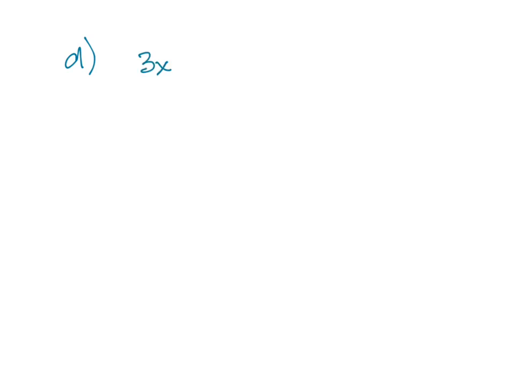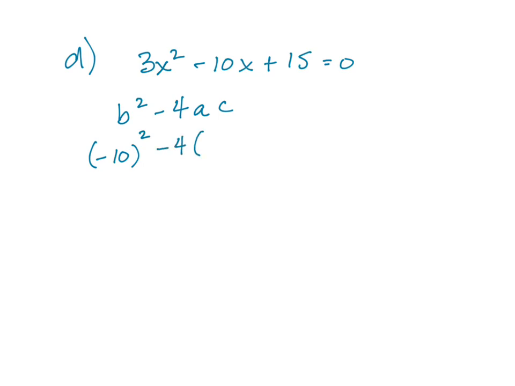Part D says 3x squared minus 10x plus 15 equals 0. We're plugging into b squared minus 4ac. Again, the need for parentheses here is astounding. Negative 10 squared makes positive 100, y'all. Be careful. Negative 10 squared is going to be positive 100 minus 4 times 3, which is 12. 12 times 15.